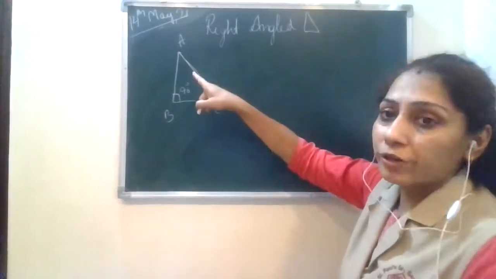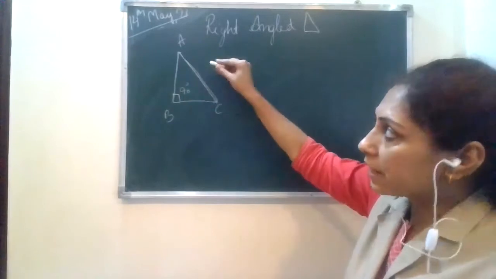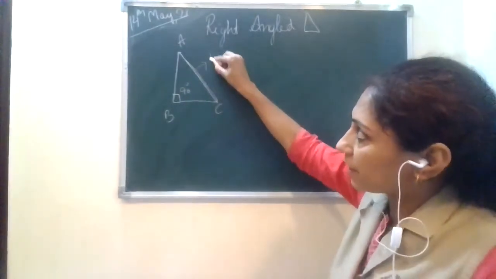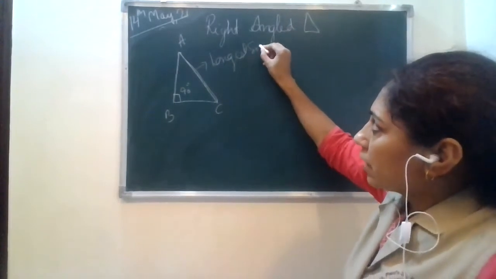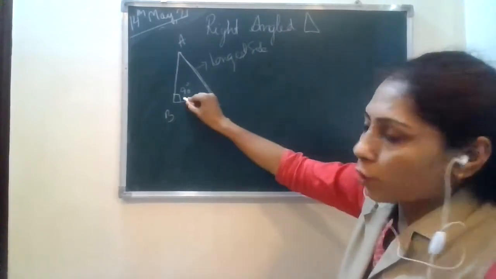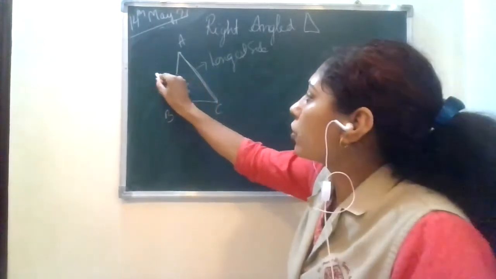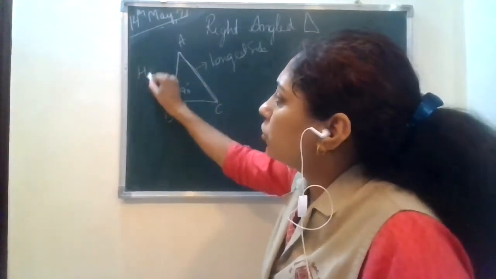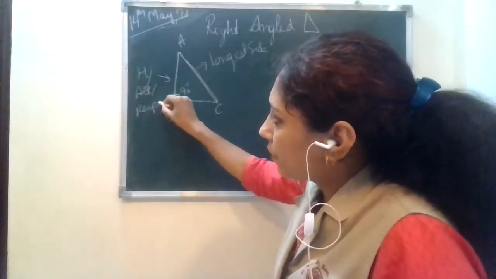Now, in this figure, the 90 degree figure, you can see that this is the longest side. The angle opposite to the longest side is 90 degrees, right? This is your height, altitude, or perpendicular. This is the standing leg, right?